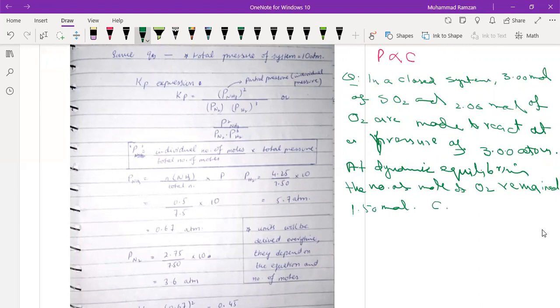Calculate number one, partial pressure of SO2, O2, and SO3.